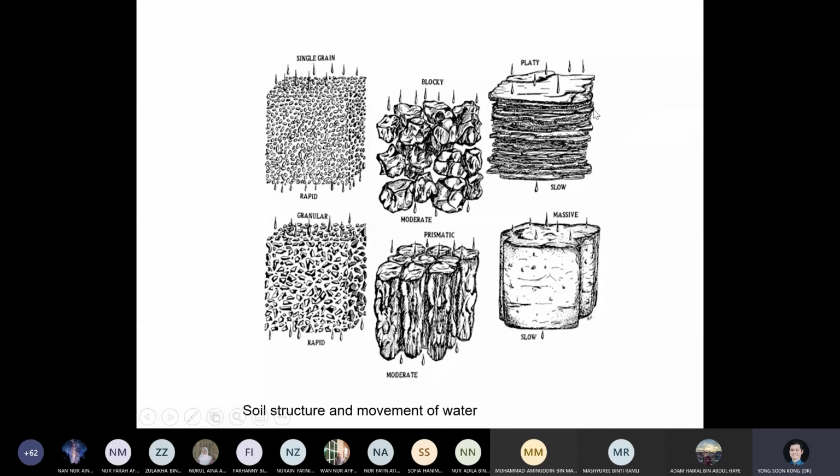The way platy soil structure is formed is due to extensive deposition and drying process. Each of these plates that you can see right here can be separated, and they were formed due to continuous and repeated cycles of wetting and drying.